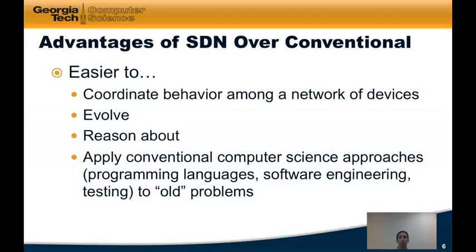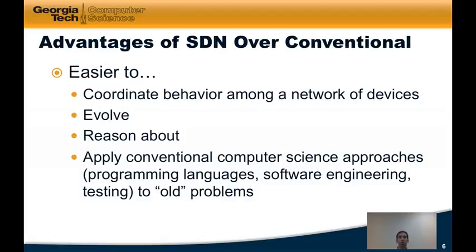So for example, if you wanted to load balance traffic across a network, or if you wanted to make sure that your security policies didn't interfere with your load balance policies, these types of coordination are much easier in a software-defined network than they would be in a conventional network where the network operator has to configure and control each device independently in a low-level vendor-specific language.